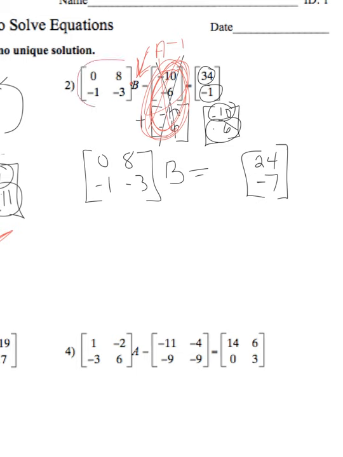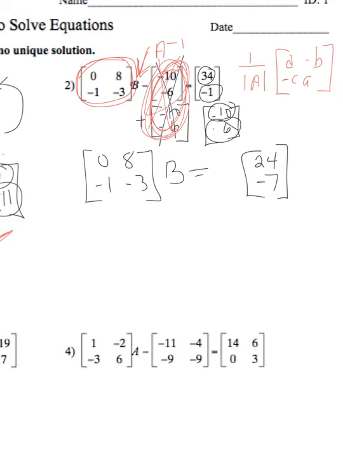So I need the inverse of this in order for it to go away. So I'm going to come over here to the side, and hopefully I remember how to do the inverse. The inverse of a 2 by 2 is 1 over the determinant, and then the A and D are going to switch places, and B is going to get negated, and C is going to get negated. That's how we found that inverse.